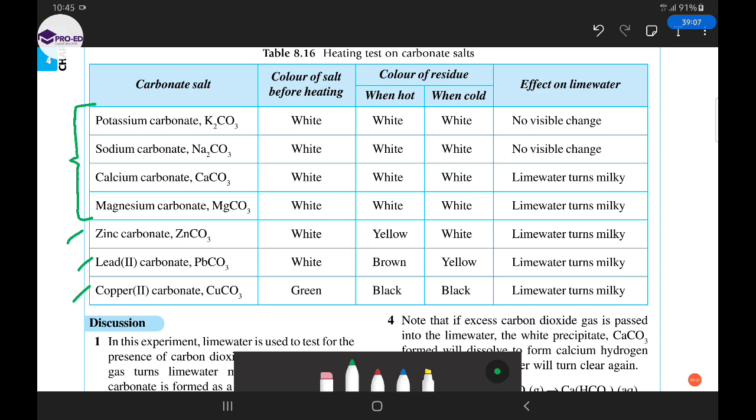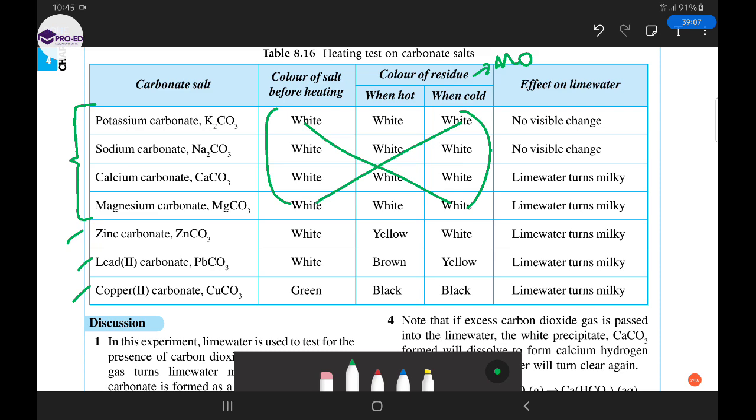After heating, the residue, which is the metal oxide, was white when it was hot and white when it was cold. So this whole information here is useless. Can it narrow down what the cation present is? No, it cannot. That's why I said most of the time we can't get the cation by looking at the color of the residue. We have to do other tests to get the cations. But sometimes you can.